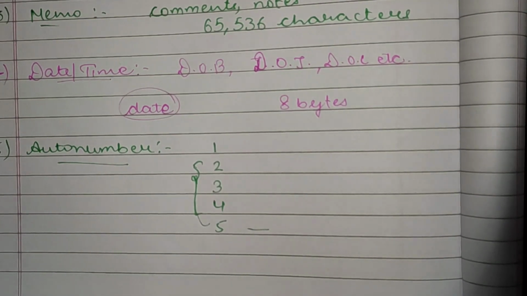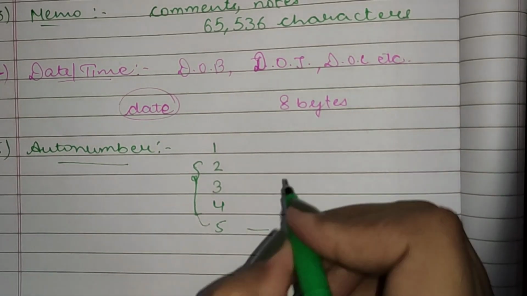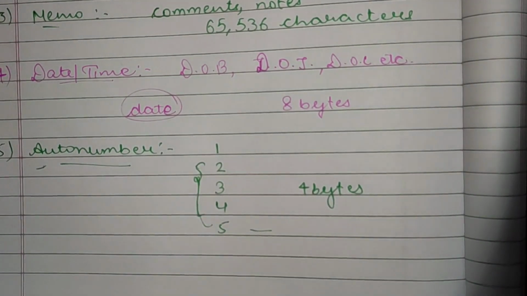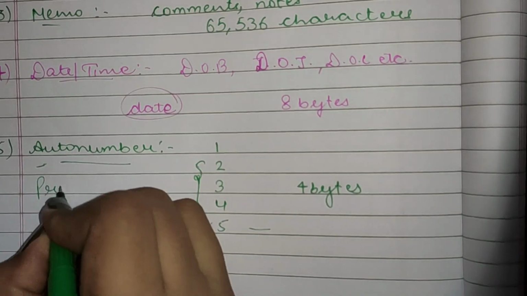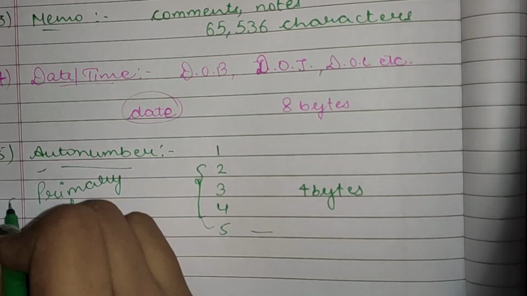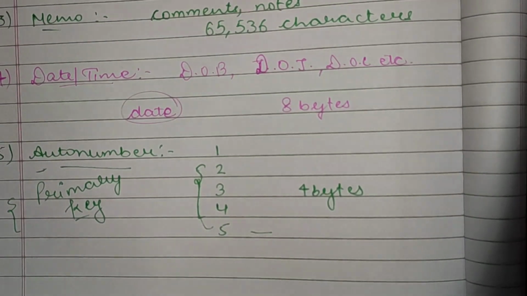This type of data is generally used to generate the sequence, and its maximum limit is 4 bytes, and we can make it a primary key as well. We will cover this concept in the next video.